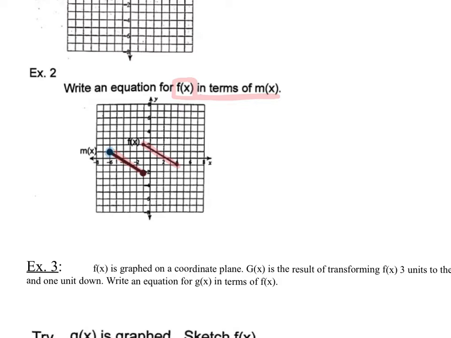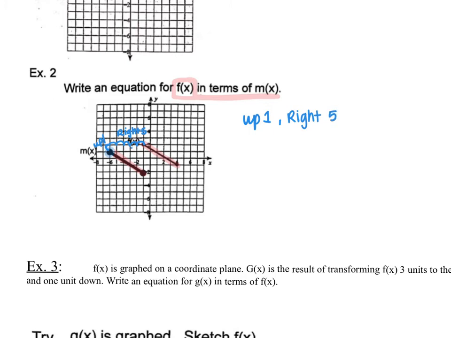We had to go up 1. And we go right 1, 2, 3, 4, 5. We went right 5. So the translation here is up 1 and right 5.